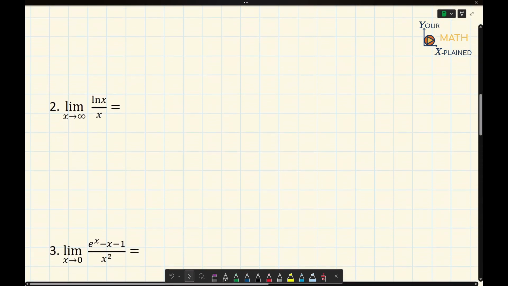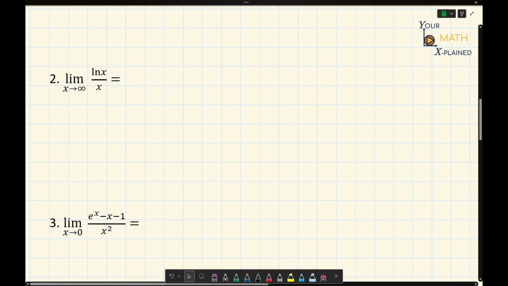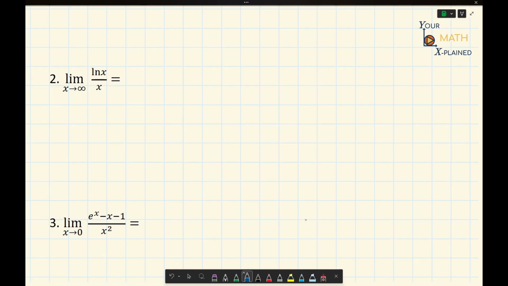For our next example, we're trying to take the limit as x approaches infinity for ln of x over x. So again, if we attempt to substitute this in, we end up with the indeterminate form of infinity over infinity, which again tells us that we can now apply L'Hopital's rule.